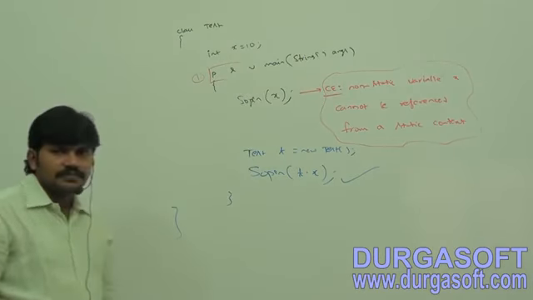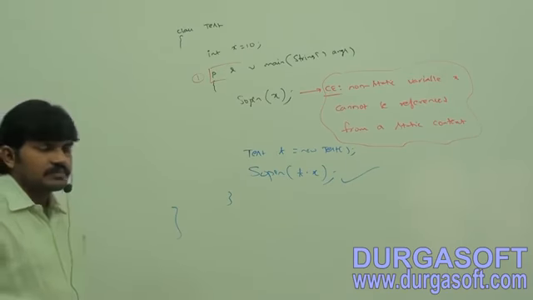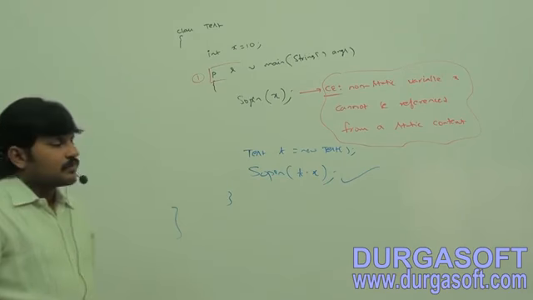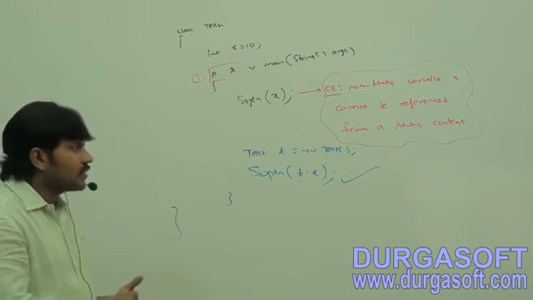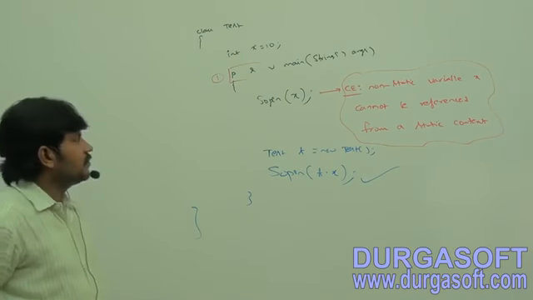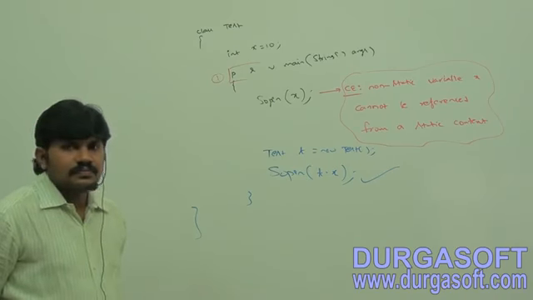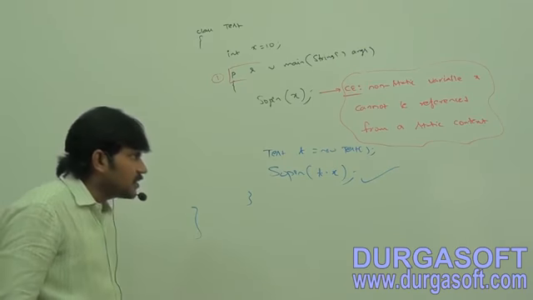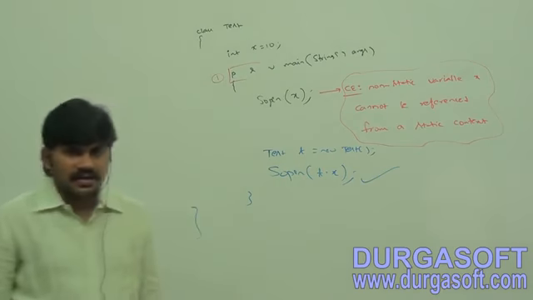Class Test, int x = 10. Public static void main, String array args, SOP of x. Non-static variable x cannot be referenced from a static context.